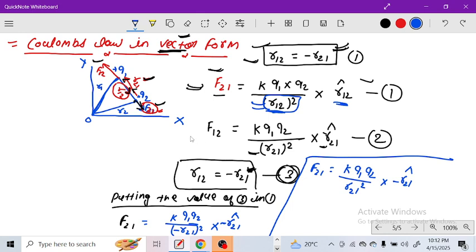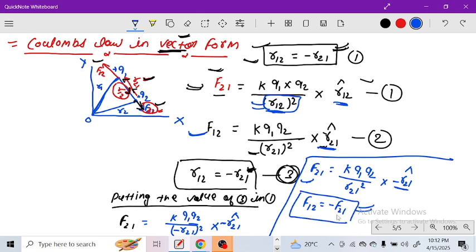So can you see, Kavya, F12 and F21, all the values are same, but the direction R21 will be here minus R21. Are you seeing here? Yes, sir. So we can write here F12 is equal to minus F21. This is Coulomb's law in vector notation, Kavya.